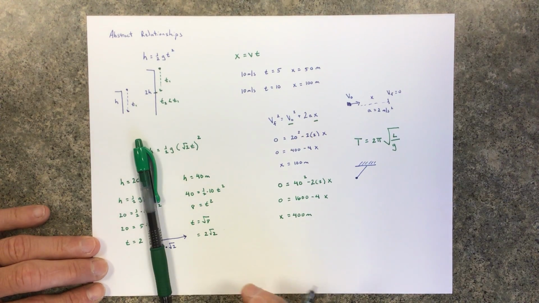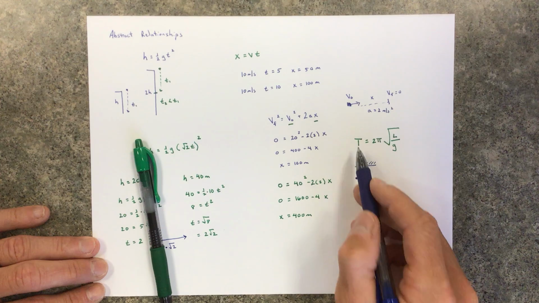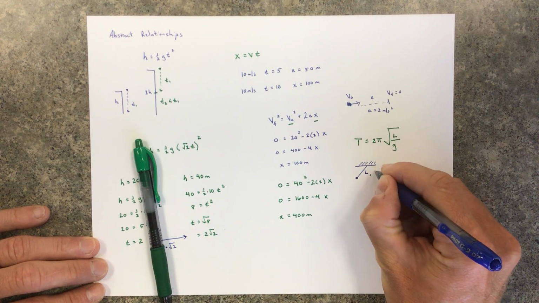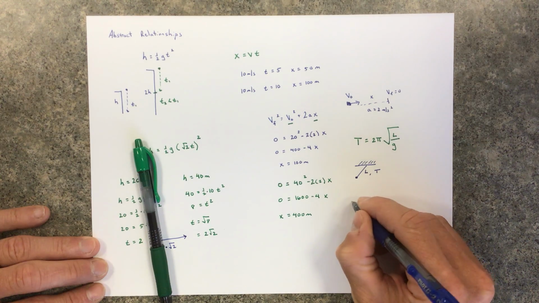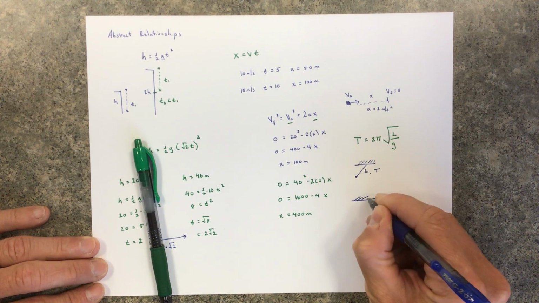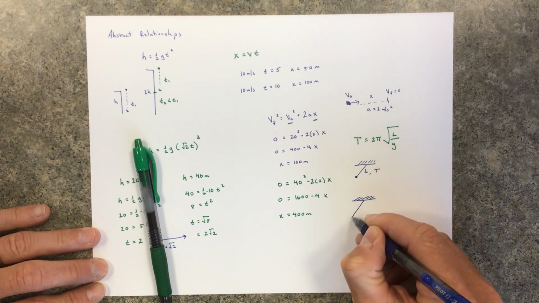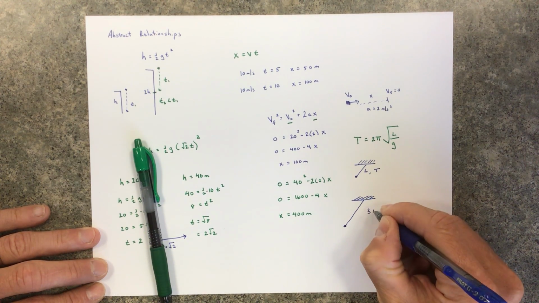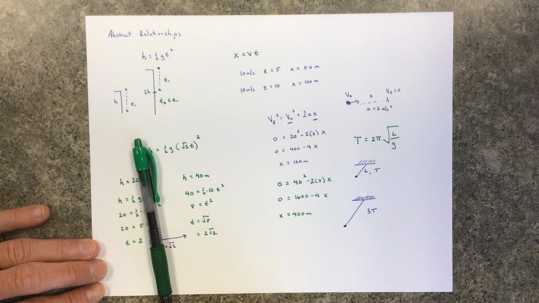So if I want to triple the period, I have a certain pendulum of length L, and it's got a certain period of t. But what I want is to design a pendulum. Clearly it's going to have to be longer, but I want that one to have 3 times the period. What's the new length?